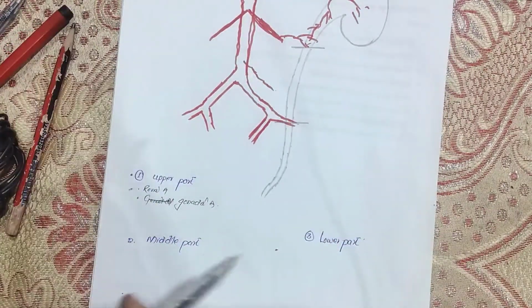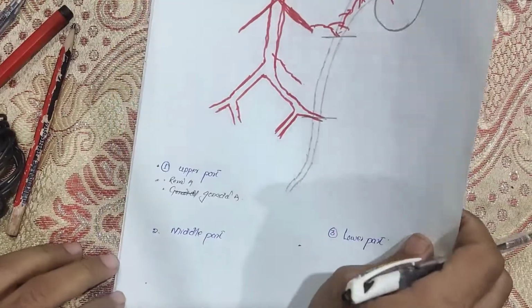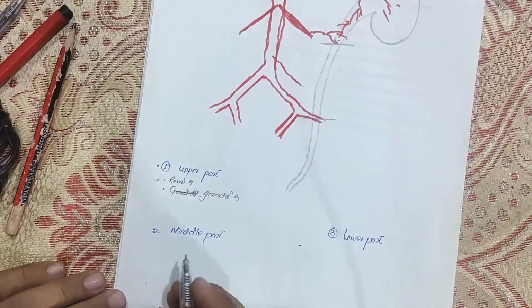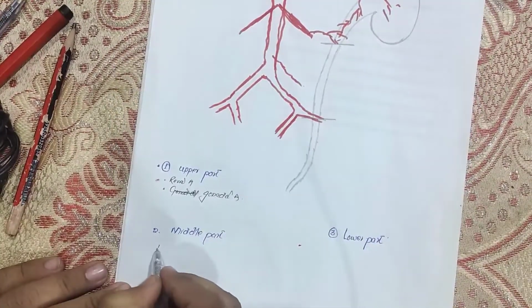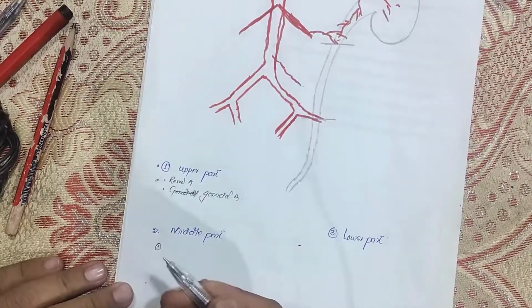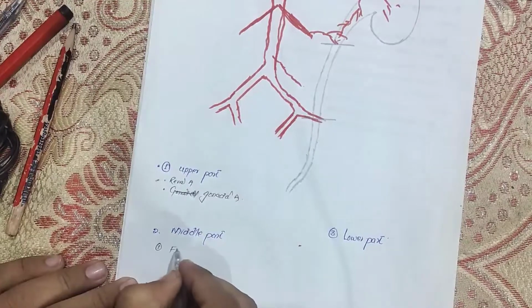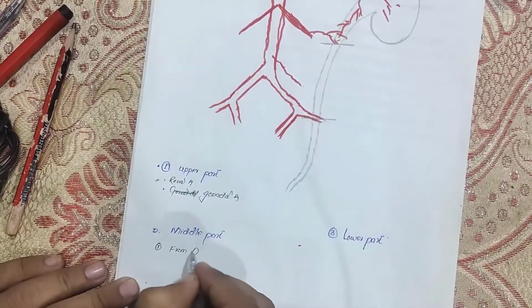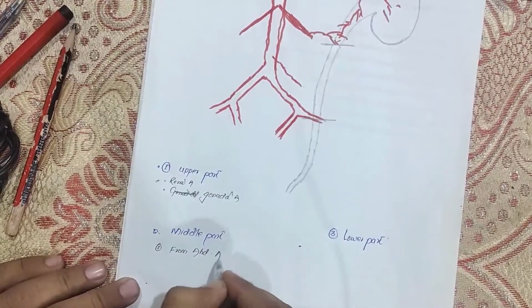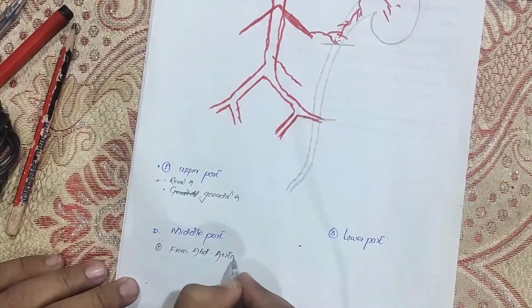The middle part of the ureter receives its blood from which arteries? First from the abdominal aorta directly. I will show these branches there.